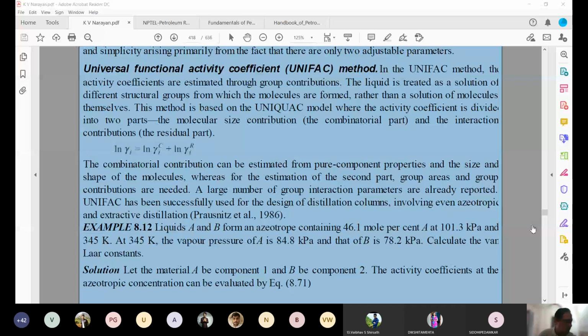Devendra, can you repeat your answer? Sir, gamma 1 is 1.1133 and gamma 2 is 1.3926.